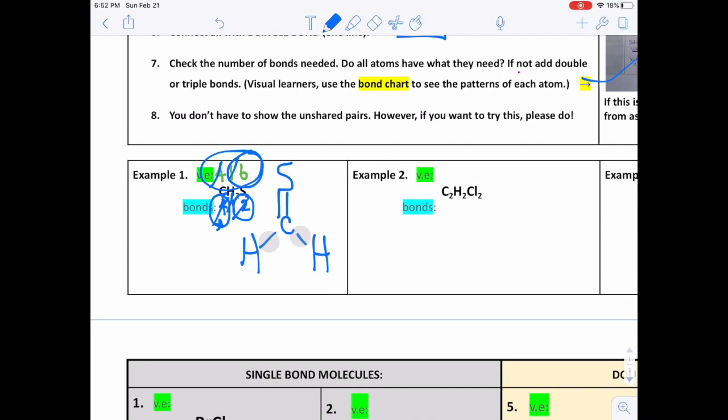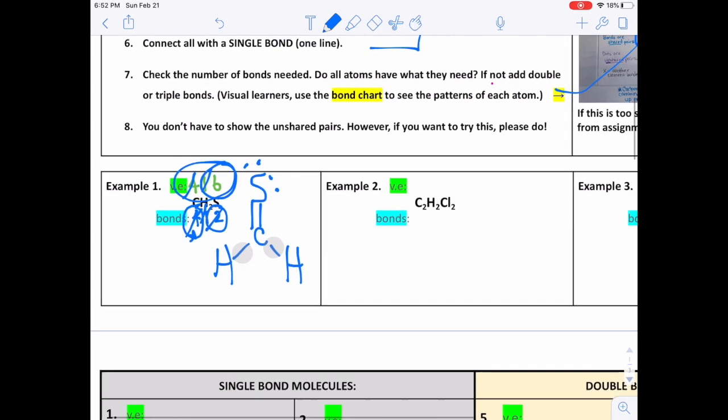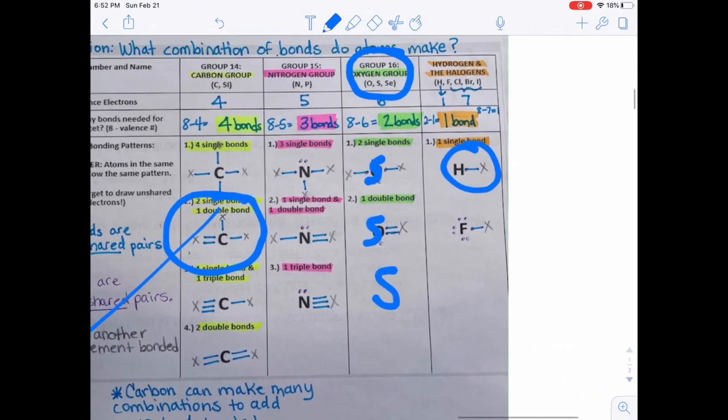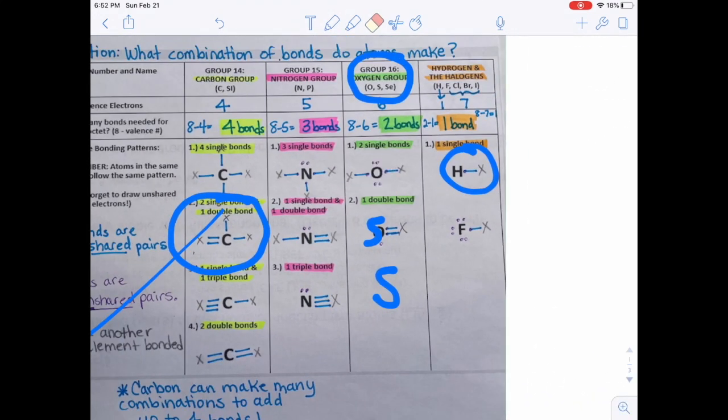So that means the other 4 to make 6 are dots. So I'm going to put 4 dots, and I like to put them in pairs, so 2 pairs there. Again, using a more visual way, when you look at the chart, we see the S, and I guess I kind of covered up the dots, but S would look just like an O, and you see how it does have those 2 unshared pairs or 4 dots around it here and here with the double bond.